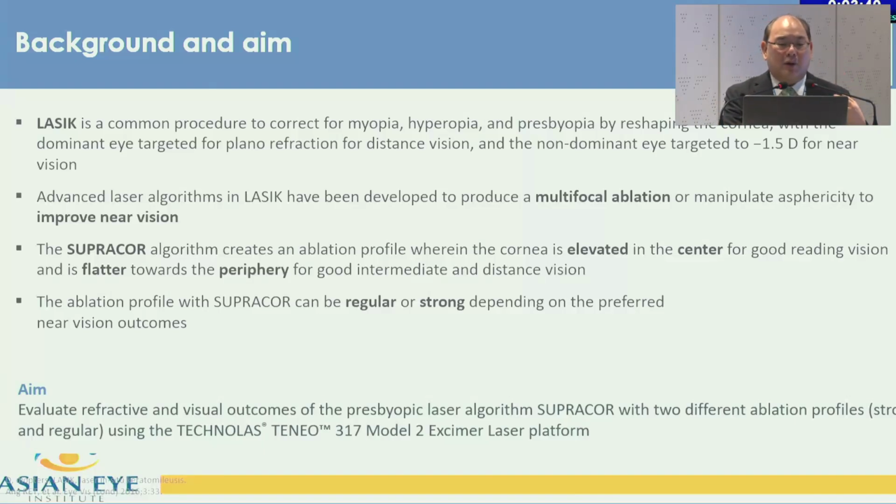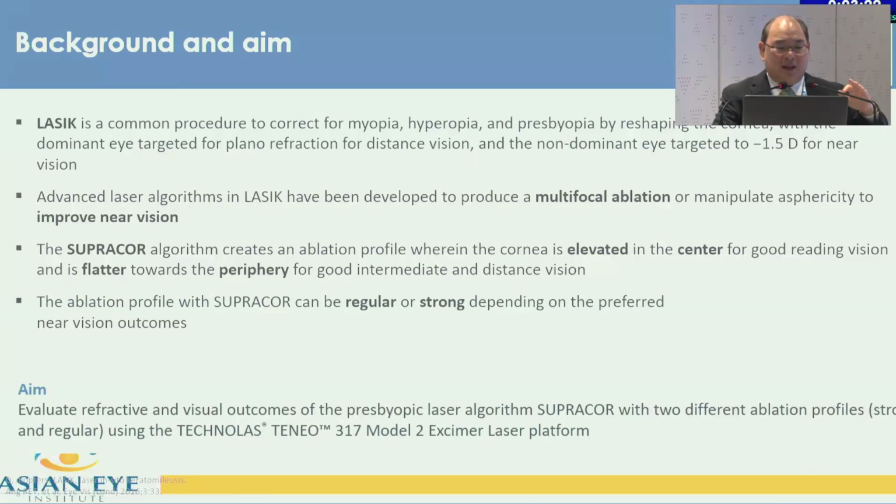Over the past 10 years that I've been using this, we had one program, we call it Supracore Regular. But for the past 1 to 2 years, an innovation in an algorithm created a mild, regular, or strong.